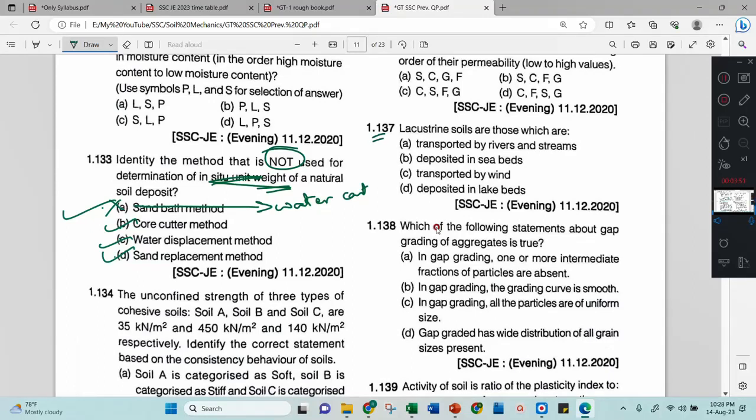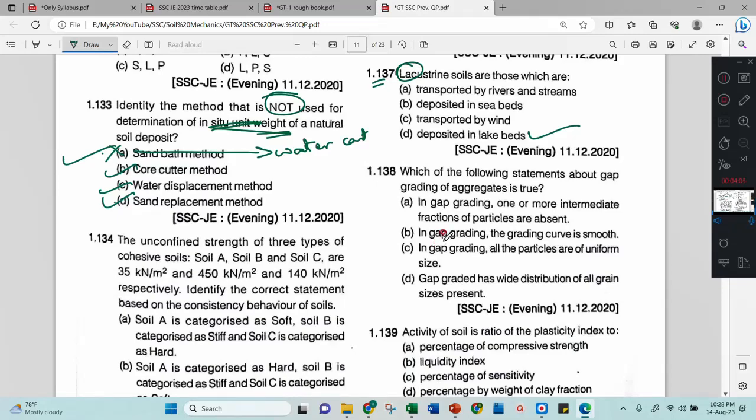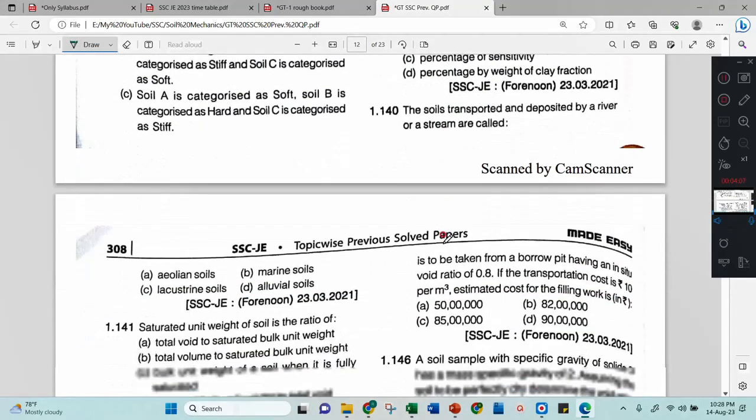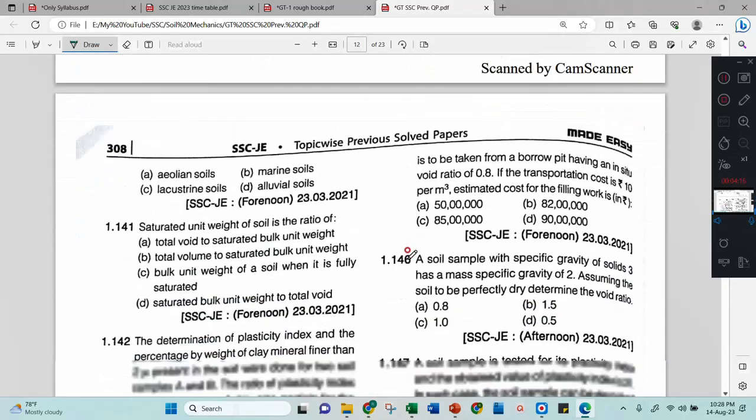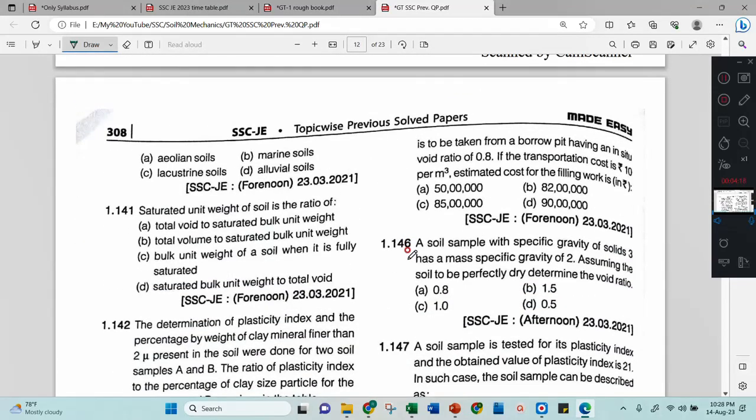137. Lacustrine soils are those which are transported by rivers, streams, seabed, wind, lake. Lacustrine means lake, that you remember. Soil transported and deposited by river or stream is called alluvial soil.